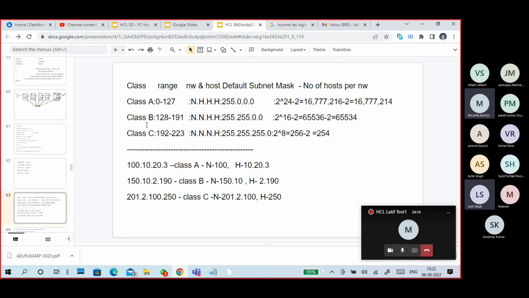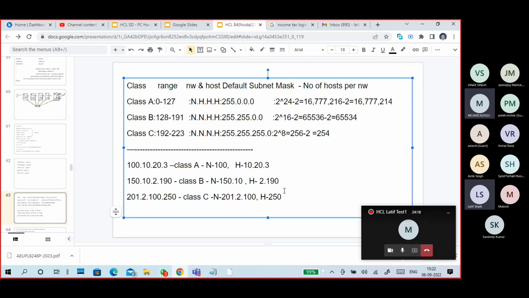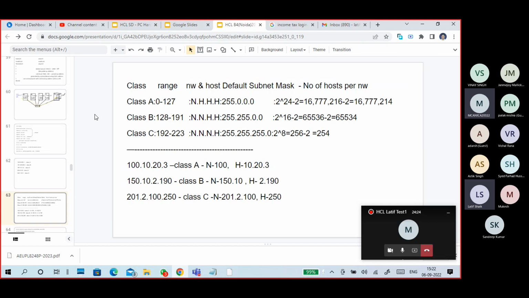So we'll complete it. The question is why we divide into different classes like class A, class B, class C. If you assign IP addresses to devices one by one, that is not okay, because of worldwide devices, the entire thing should communicate, and that is difficult.